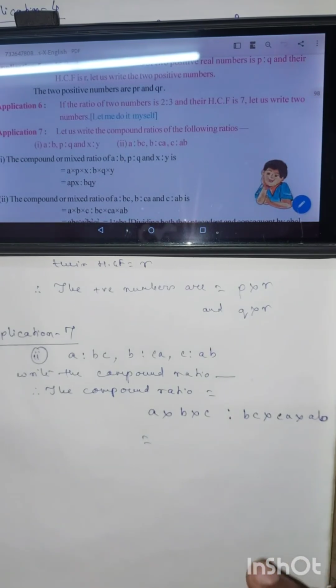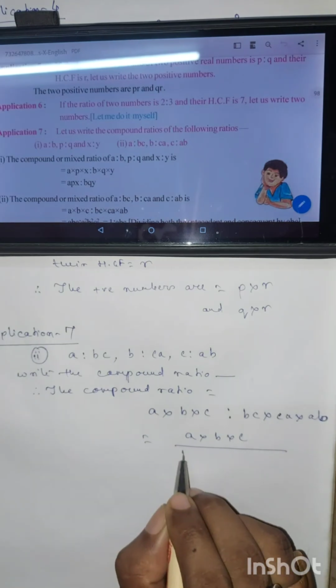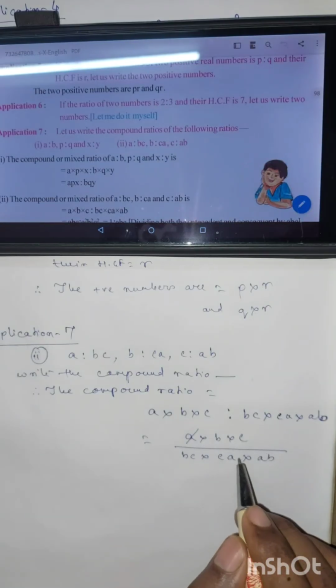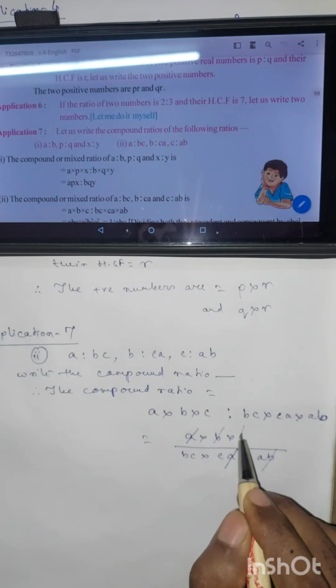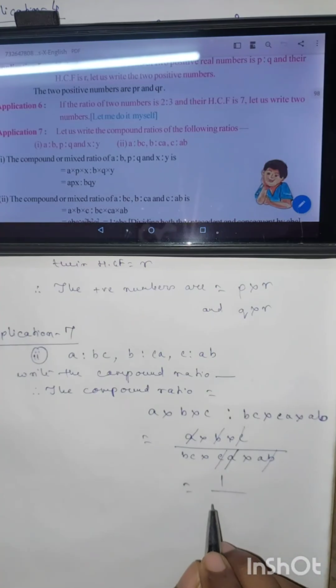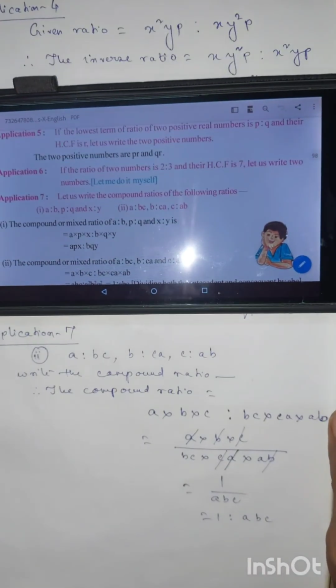Now if we simplify it, we get, so we are left with 1 by ABC. So this is our compound ratio 1 is to ABC.